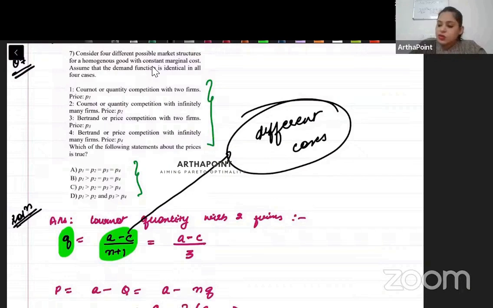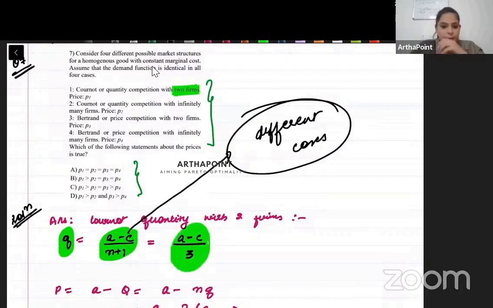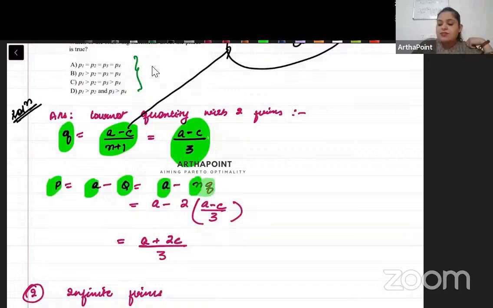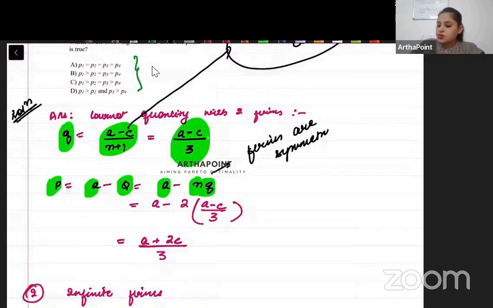Now there are 2 firms in the first case, so I put N as 2 and each will produce (A minus C) by 3 units. What is price? Price is A minus the total quantity in the market, so it is A minus N times Q. Why? Because we had proved that firms are symmetric, so each firm will produce the same quantity.